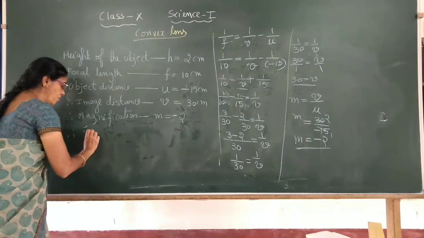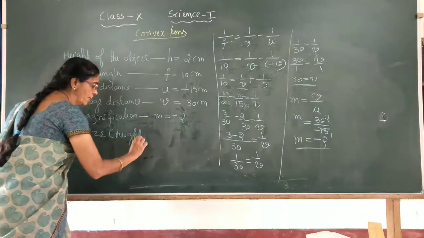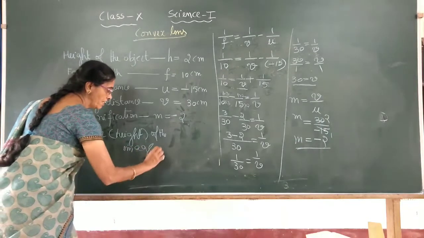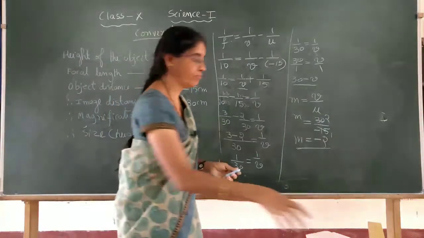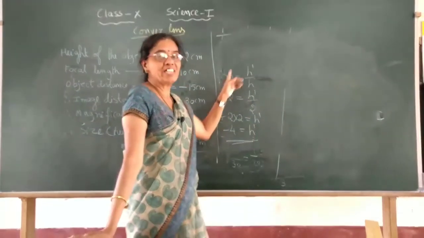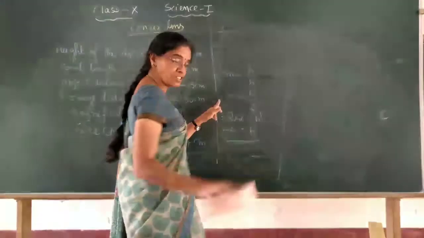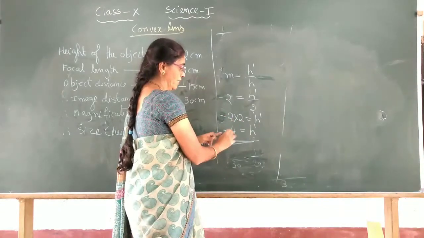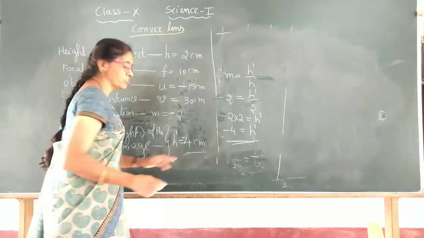Therefore, size of the image, which is nothing but height of the image, H dash is equal to H dash by H. So M is minus 2 value. So h dash by h, if we do the calculation, we will get -4 h dash. The height of the image is minus because it is inverted image. So that is the answer.